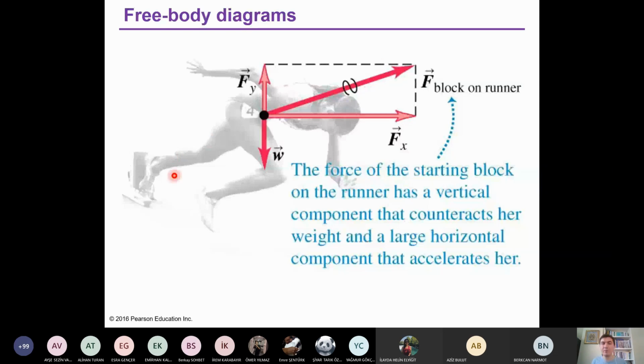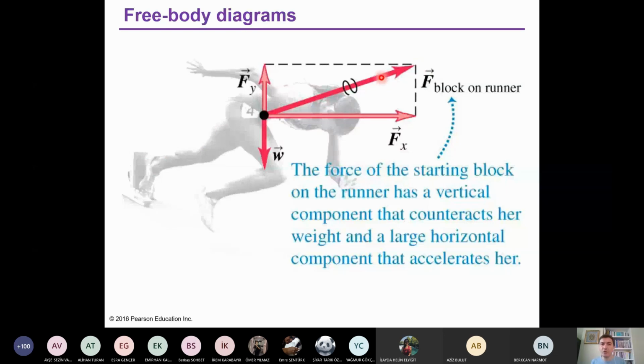Then what about the forces acting on this body? Weight of the body. And then what about the normal force? This is the normal force, the force applied by the block on the runner.